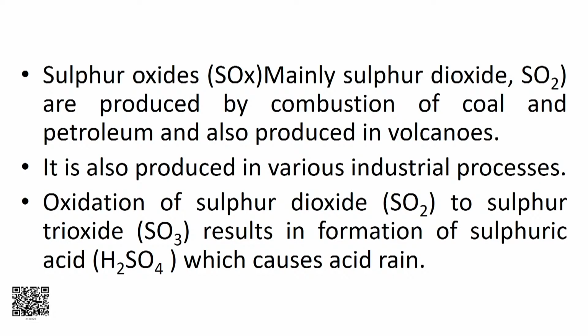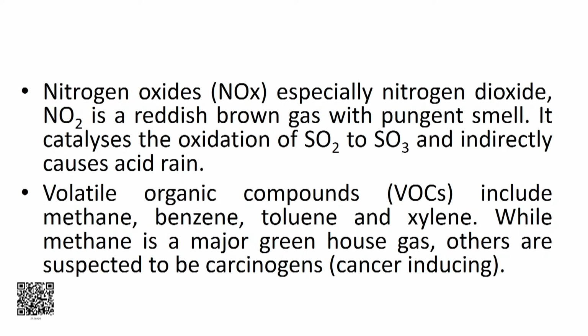Oxidation of sulfur dioxide to sulfur trioxide results in the formation of sulfuric acid, which causes acid rain. Oxides of nitrogen, especially nitrogen dioxide, is a reddish brown gas with a pungent smell, and it catalyzes the oxidation of sulfur dioxide to sulfur trioxide and indirectly causes acid rain.